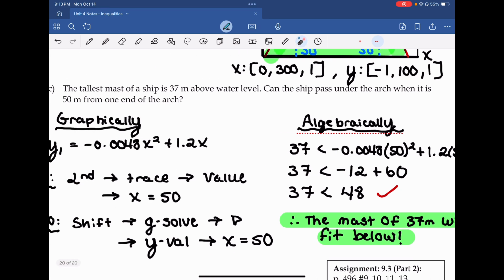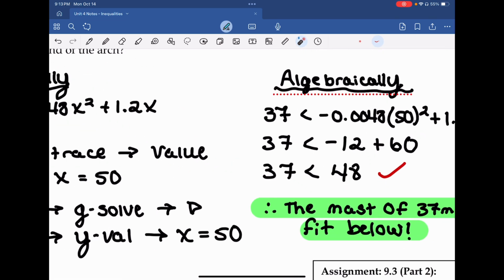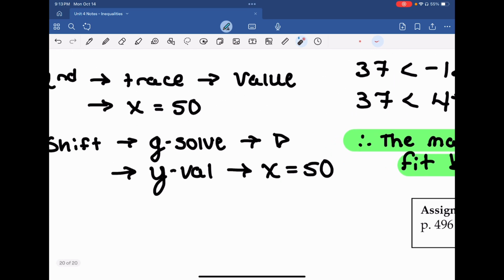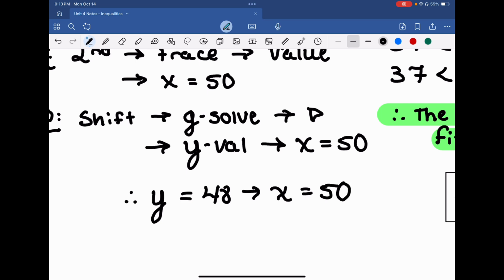Now, again, this is the algebraic approach where they say that a 37 meter mast will fit 50 meters away. If we wanted to plot this now, we now know when it's 50 meters from the edge, it's 48 meters high. So what we are going to do is say, therefore, right below this section, the graphic section, the y value is equal to 48 when the x value is equal to 50, or that it's 50 meters away from the edge.